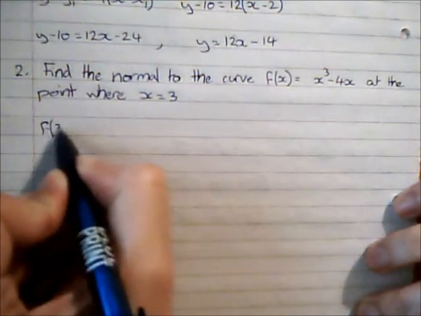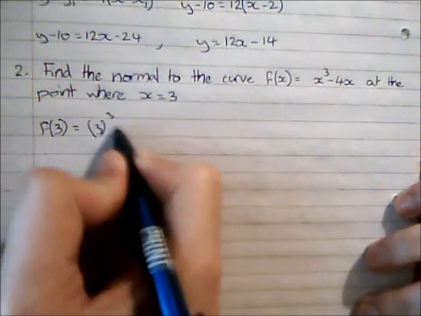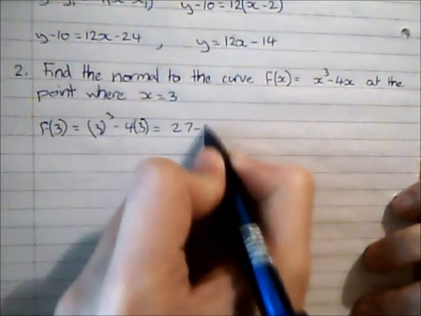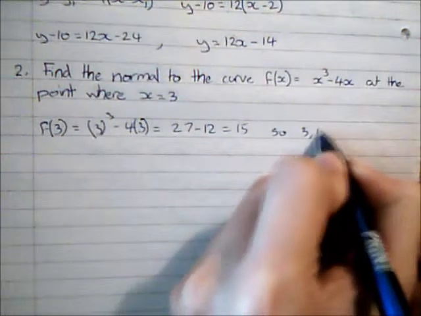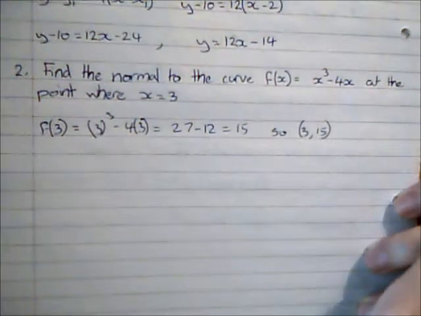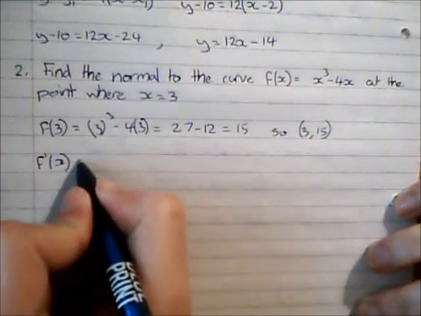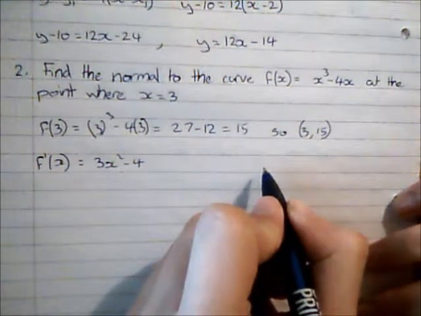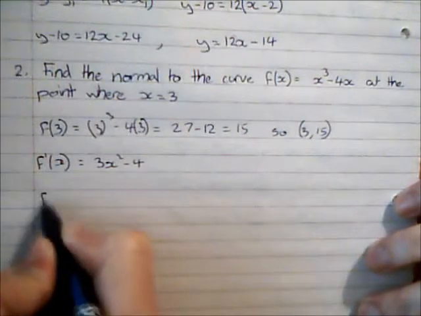So I'm going to substitute 3 into the original, and this is going to give me the coordinate that I require. So that gives me 15. So it's 3, 15, which is the coordinate I'm going to use. And then I'm going to differentiate to give me the gradient of the curve.